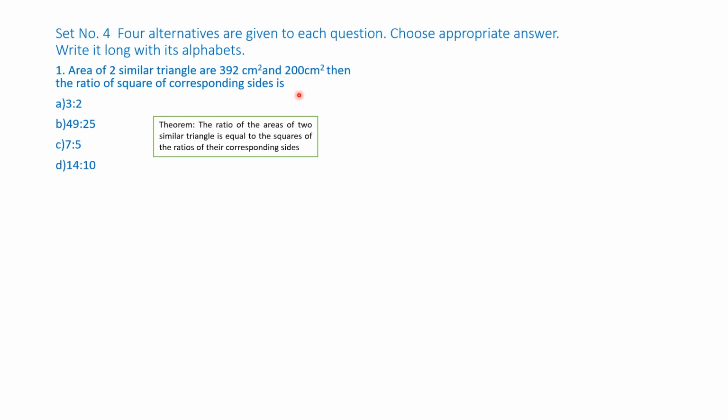If you solve this, 392 by 200, we have to find the corresponding squares. The ratio should be the same. Therefore, the answer is B, that is 49:25.